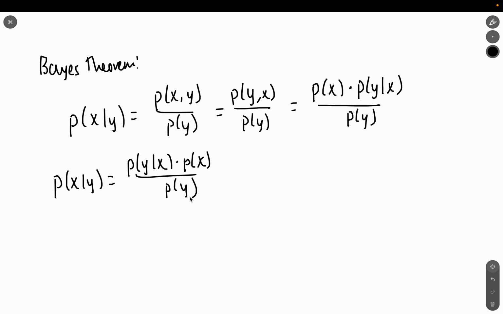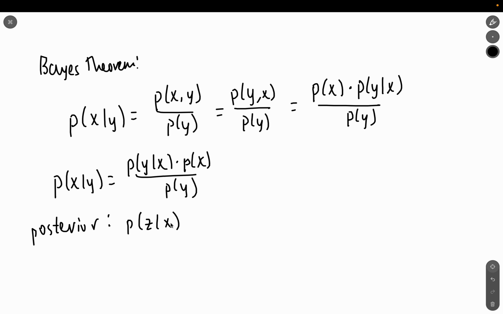Now you're like, why does this help us? Well, imagine we replaced these x's and y's with x's and z's. So now let's look at what we call the posterior distribution. This is saying, what's the probability of generating a code based on an input?